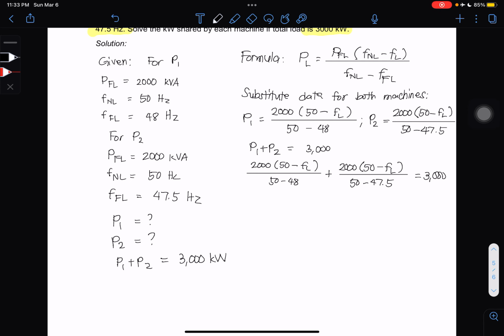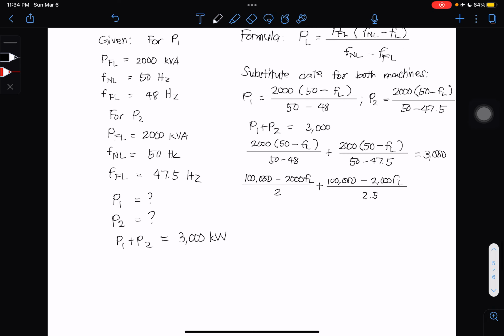Therefore tagsa-tagsaon nato pag-solve para mas klaro. So 2,000 times 50, we have 100,000. Distribute na ni. Minus 2,000 FL divided by 50 minus 48, which is 2, plus same ra dire, 100,000 minus 2,000 FL divided by 50 minus 47.5, we have 2.5, equals 3,000.